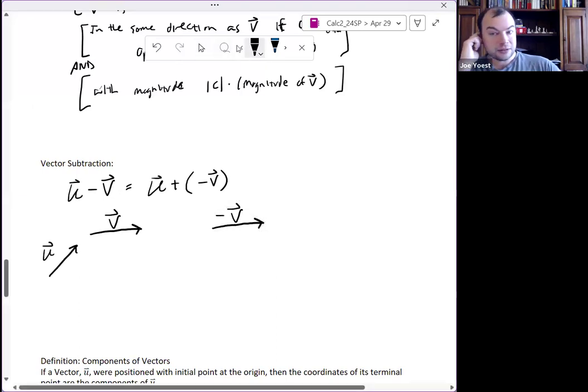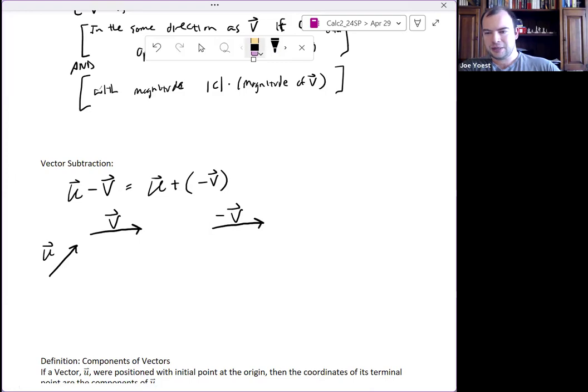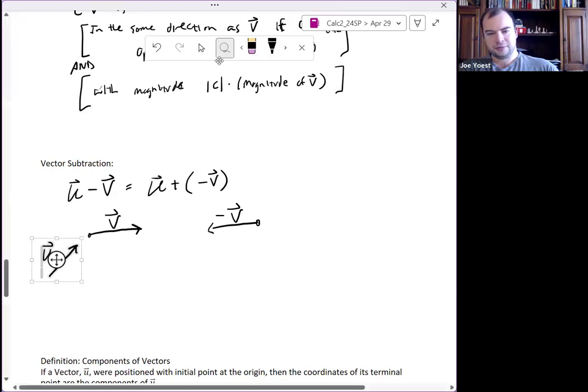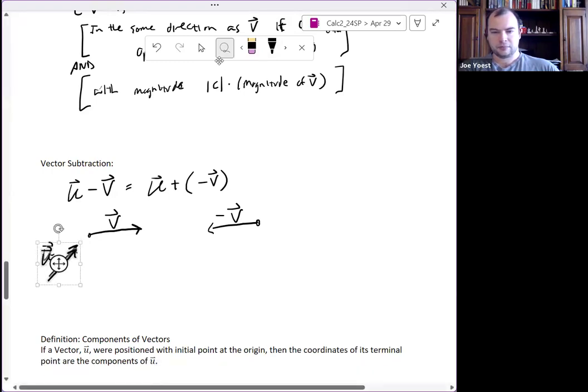So negative v looks just like v, except the initial and terminal points are swapped. And if I want u plus negative v, what would I have? I'd have a copy of u, and then plus a copy of negative v.